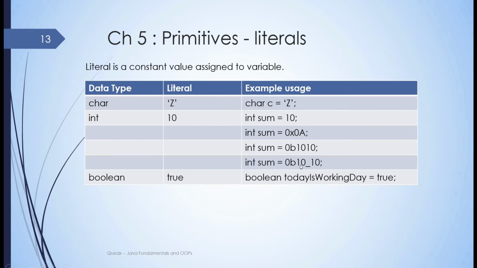It is actually assigning 1010 as a binary value to the integer variable sum. It just improves the readability when the numbers being used are large. In that case, we can use underscore to separate out the digits.